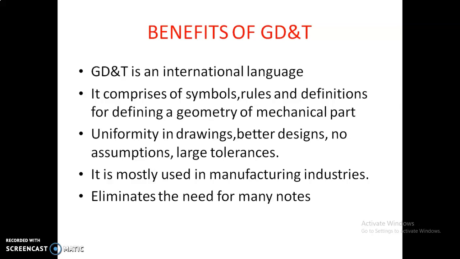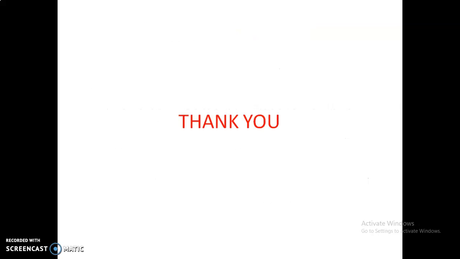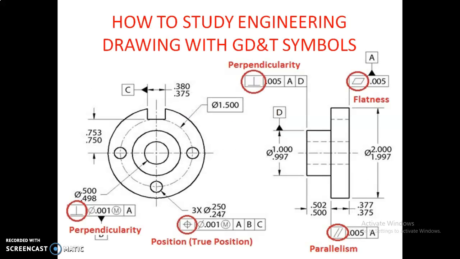I hope all of you understood the topic of GD&T, how to use different GD&T symbols, and how to use different modifier symbols in an engineering drawing to get better results. One more thing I would like to show you: this table, which you saw, is known as the control frame.